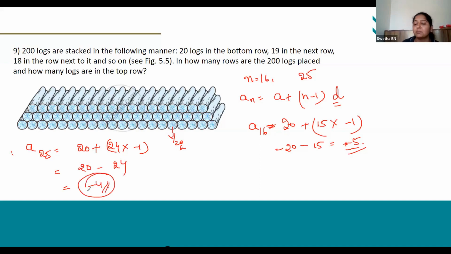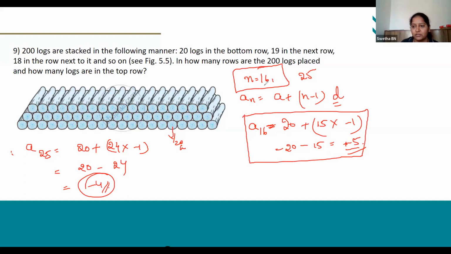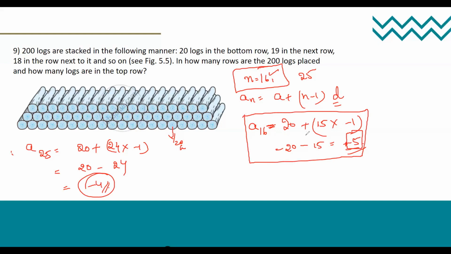We are getting this minus 4 answer, so we have to consider this. Okay, children, what is the number of rows? That is equal to 16. And how many logs are there in the top row? That is 5. Got it, children? Yes, ma'am.